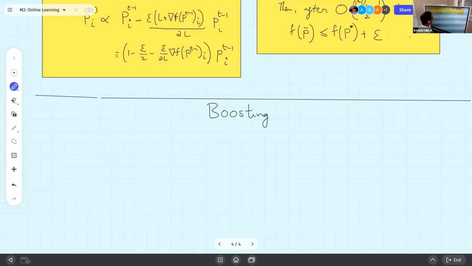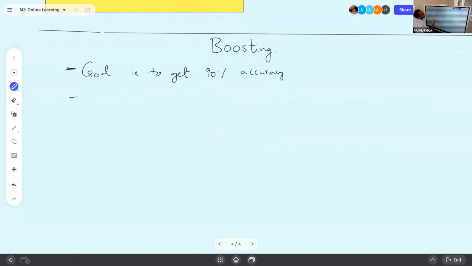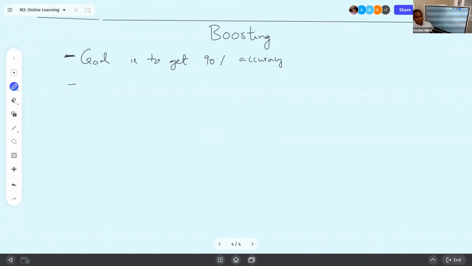So the goal is to get 90% accuracy. And 90 is just a placeholder for high accuracy. It could be 99, 95, whatever, some number which we think is higher than what we are starting with. And what we have is a weak learner.